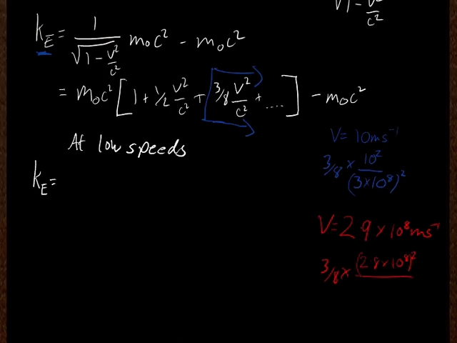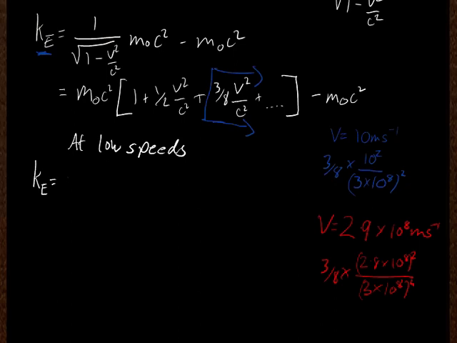That squared, which is a pretty big number, divided by 3 times 10 to the 8 squared. So we've got a big number divided by a big number. If this was 3 times 10 to the 8, this would be 1. So it's slightly less than 1, which is going to produce a significant result. And therefore, at higher speeds, these terms increasingly become more and more important. But at low speeds, we can acknowledge that they don't greatly affect the kinetic energy.